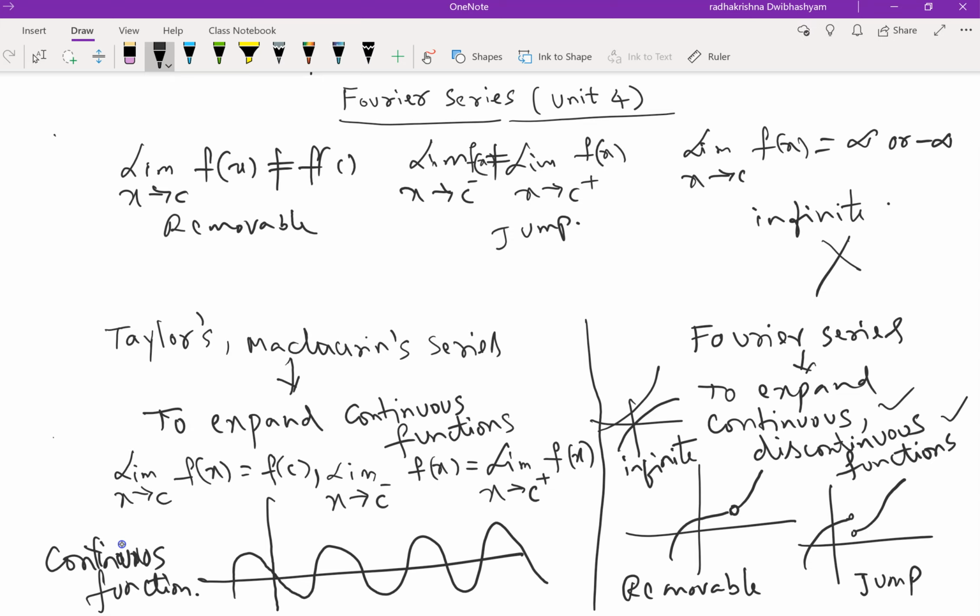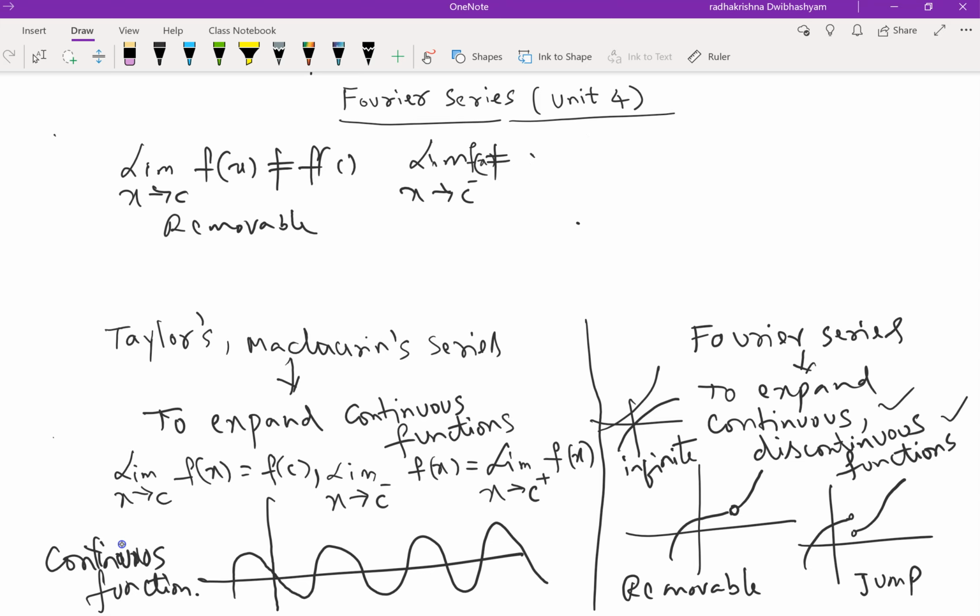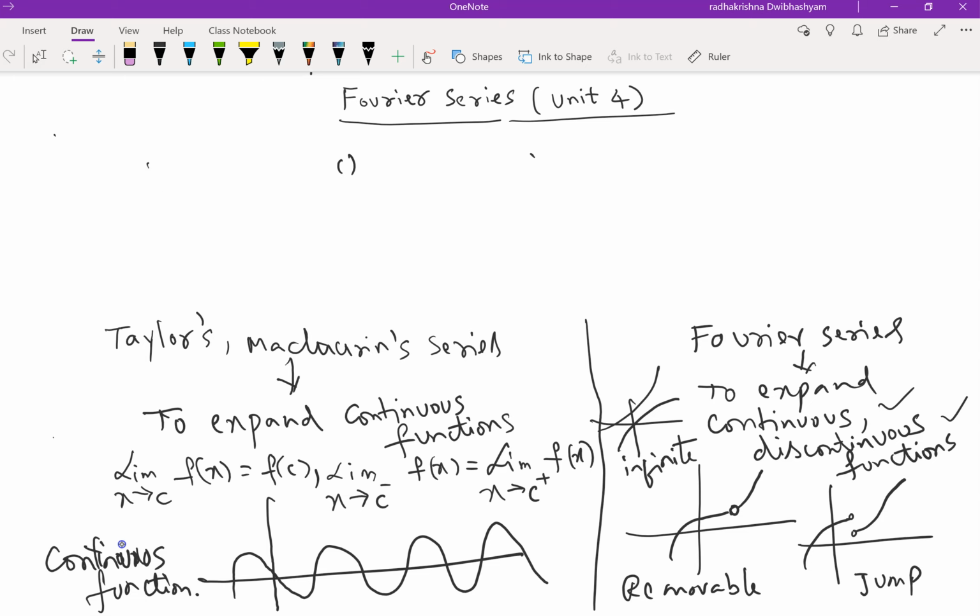If a function has some removable discontinuity or a finite number of jump discontinuities, even then it can be expanded using Fourier series. Now you may understand the advantage of Fourier series. Fourier series is useful for any continuous and discontinuous function.